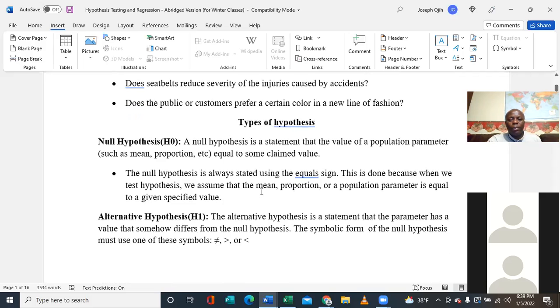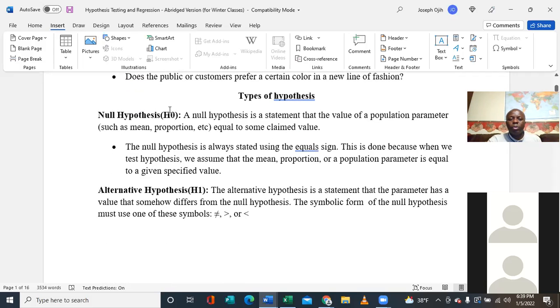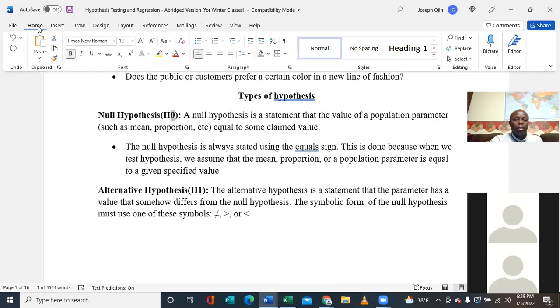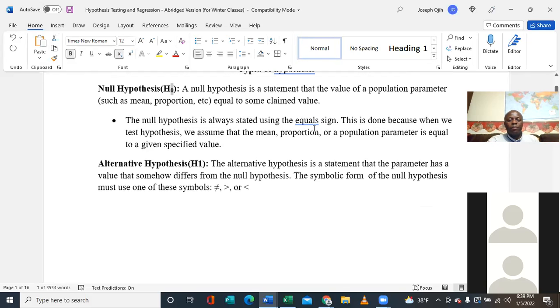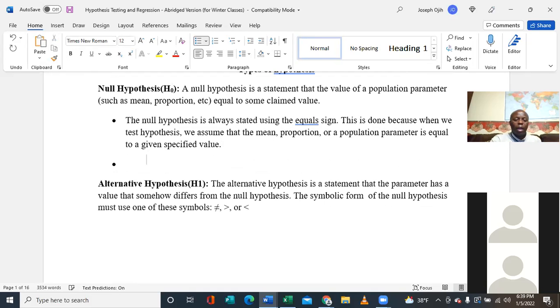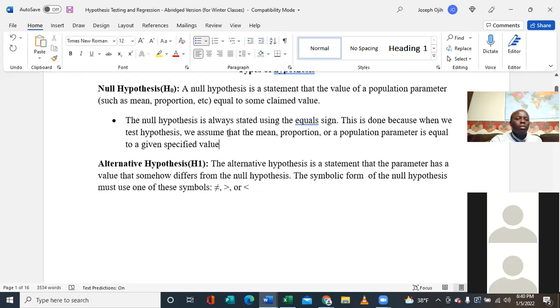Now, there are two hypotheses we use. The null hypothesis is a statement that the true value of the parameter, such as the mean, is equal to some claim value. So for the null hypothesis, we use symbols expressing some kind of equality.